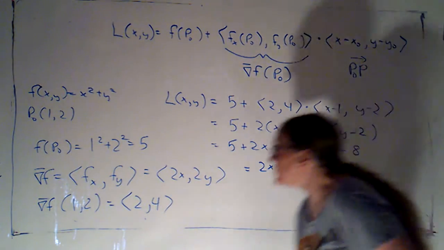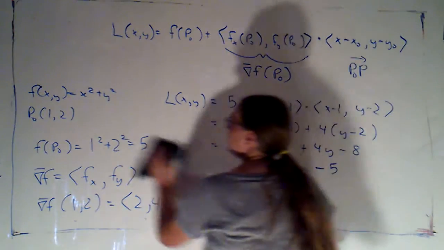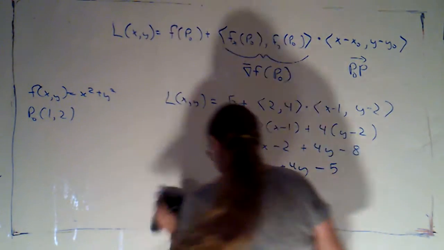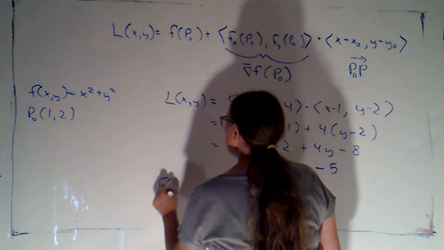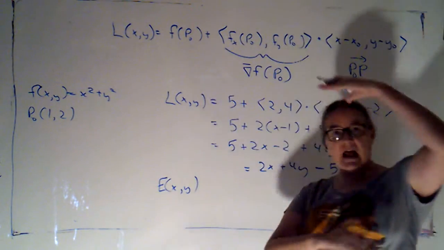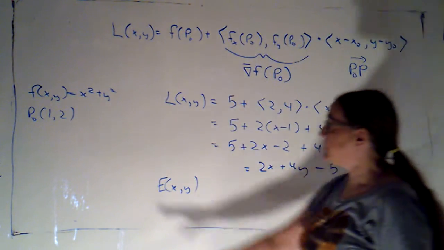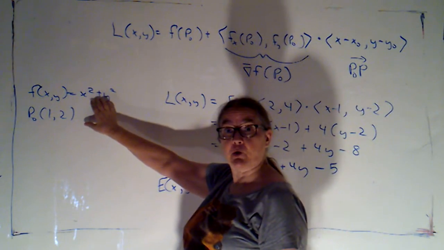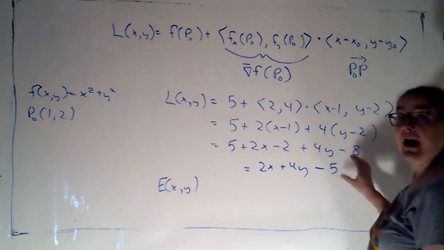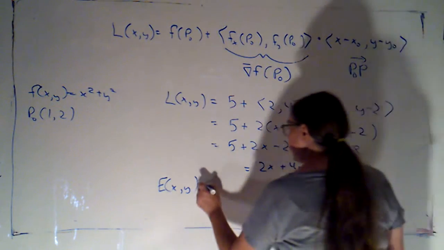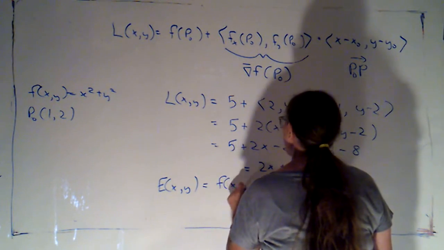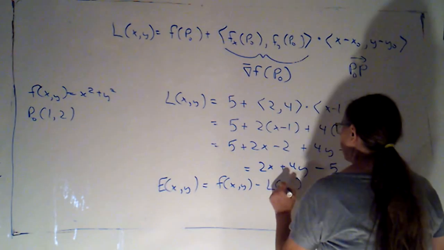Okay, so now I can create the error function. Remember, that's going to be measuring the signed vertical gap between points that are on the graph of this paraboloid and points that are on the graph of this plane. And we define that as f of (x, y) minus L of (x, y).